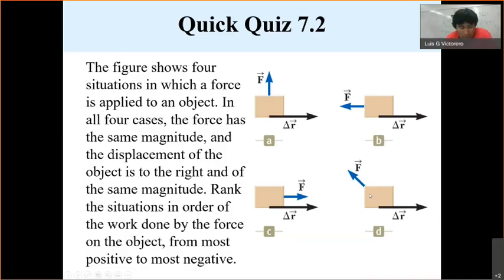This one, however, in terms of value, is less than this and this, but it's also negative, but not as negative as this, because the minimum value of the cosine is when theta is equal to 180. So cosine of theta is minus 1. Here the angle may be 150 or 120. The cosine of 120 is minus 1/2.